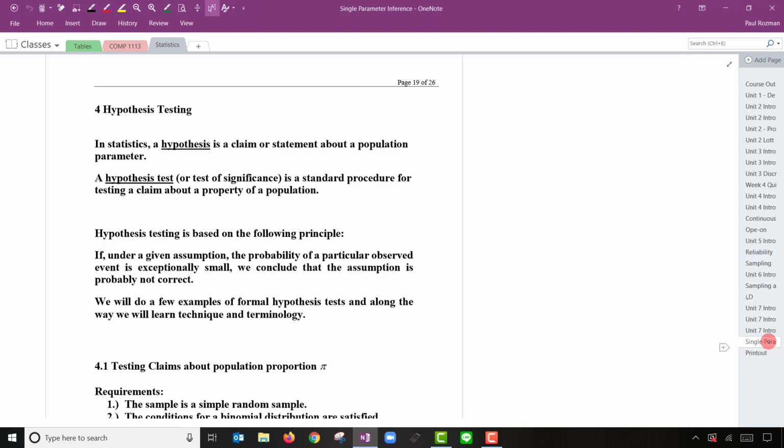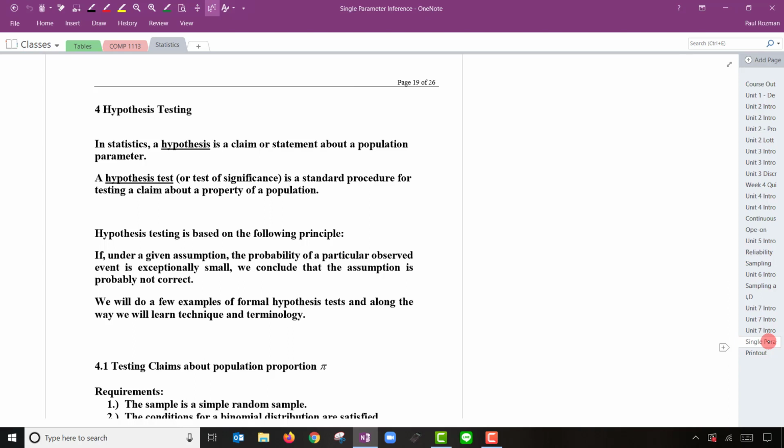Hypothesis testing is a little different in that we'll generally be testing a claim about a population value. So someone will claim, I think that 90% of BCIT students will pass a certain course.